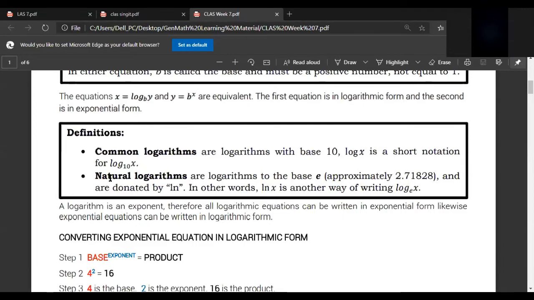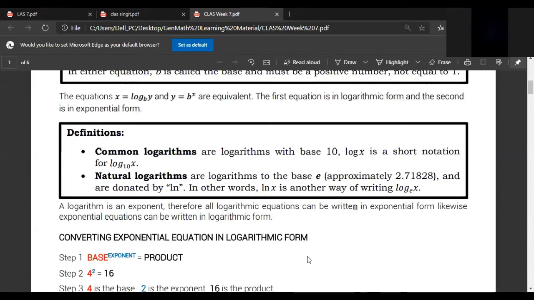Anyway, so when we have common logarithms, class, common logarithms are those logarithms that have a base of 10. So when we say base 10, ito yung mga logarithms nga na lagi natin ginagamit because they are common logarithms.